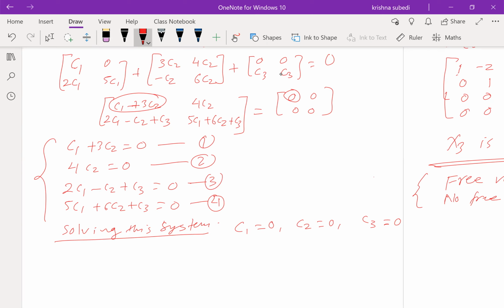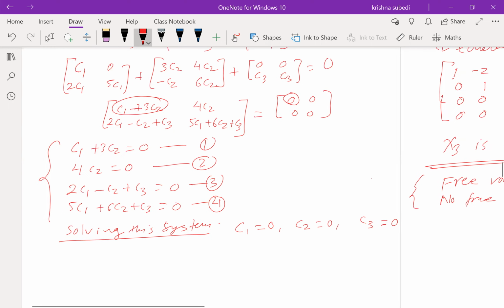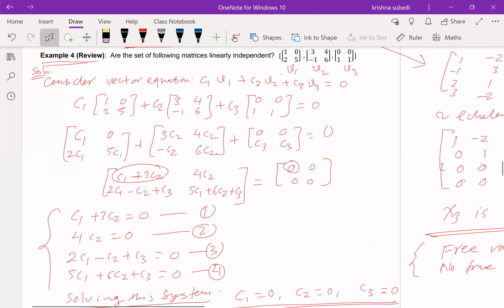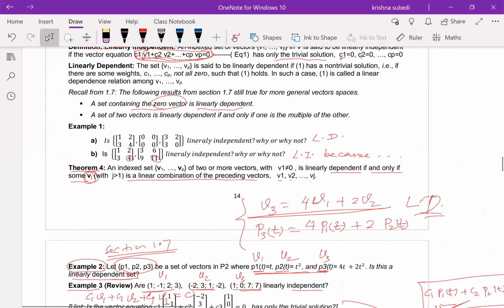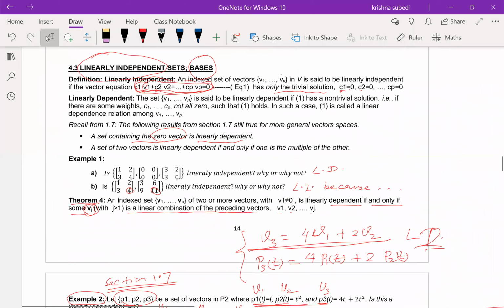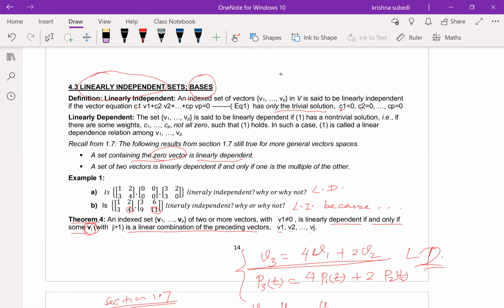Okay, so what does that mean? Is the system linearly dependent or independent? Independent. Now that's why the definition is important, right? Let us go back to the definition of linear independence. We are not using any theorem here, we're just using the definition.